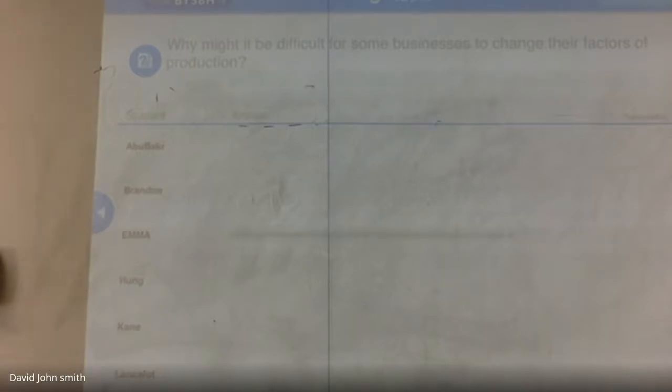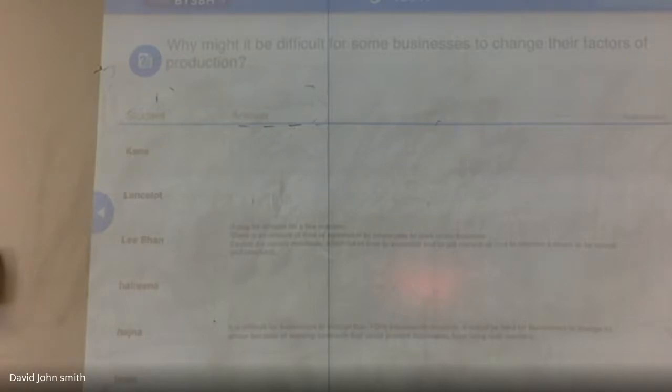Here we go. Well done, Emma. Yes, you're absolutely right. Well done, Lishan. That's very good. A very good explanation.